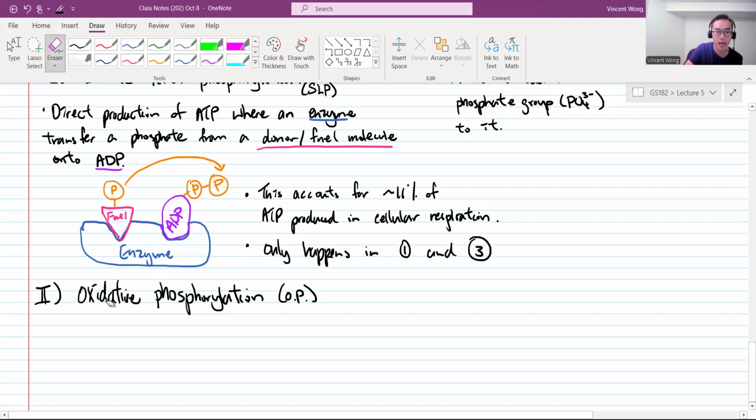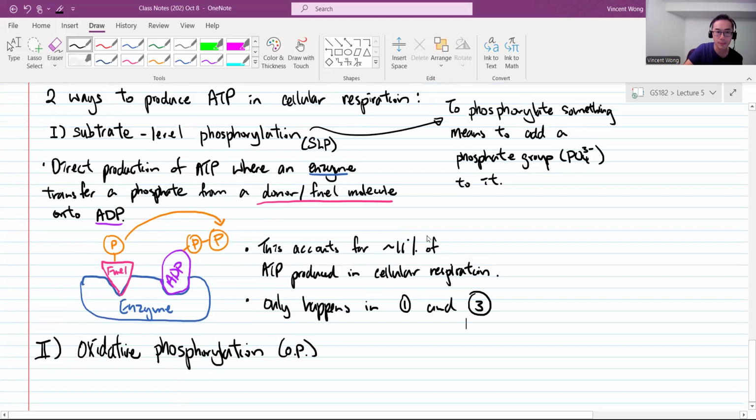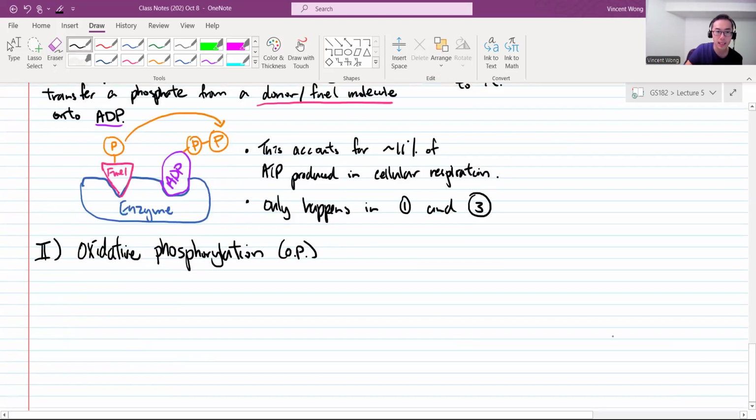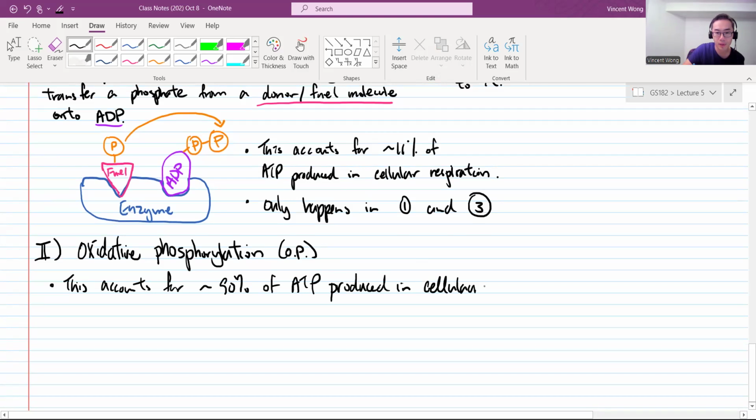As for the oxidative phosphorylation, or OP, this takes at least half an hour to explain, and we're not there yet, so we'll explain it on Thursday. But this accounts for about 90% of ATP produced in cellular respiration.